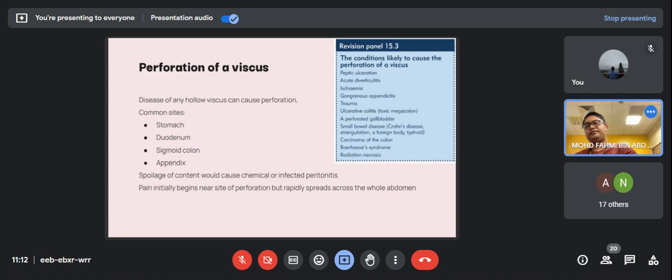Apa lagi boleh gangrene? Bawel lah kan. Yang common. Macam appendix tak? Feet. Dalam abdomen lah. Kaki. Ada abdomen. Sorry.